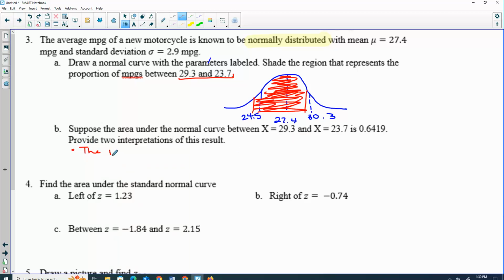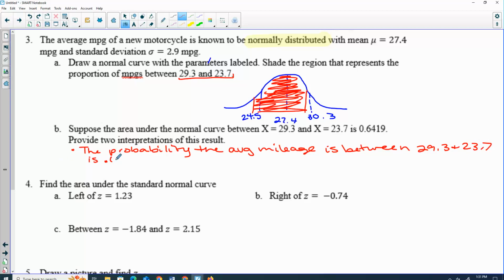So the probability the average mileage is between 29.3 and 23.7 is 0.6419. Or you could say there's a 64.19% chance the probability is between those values.